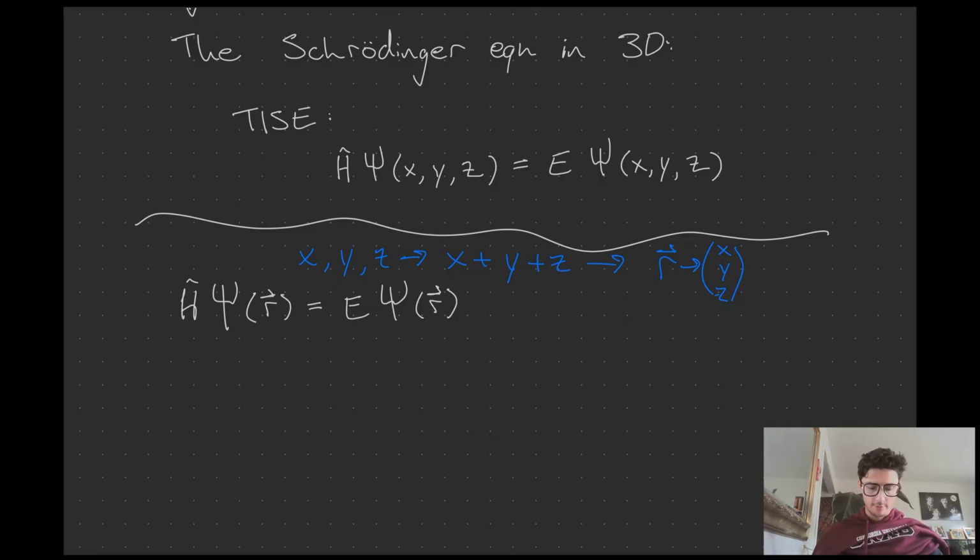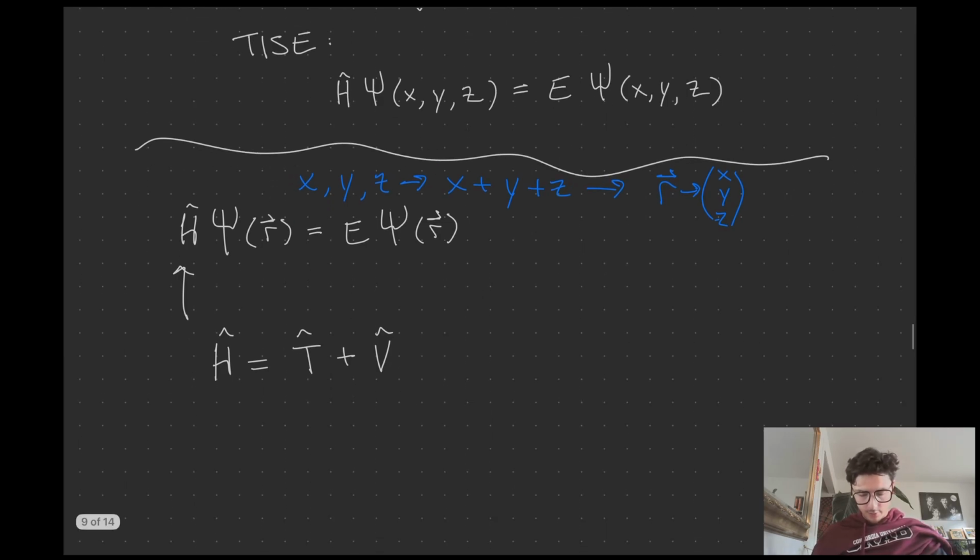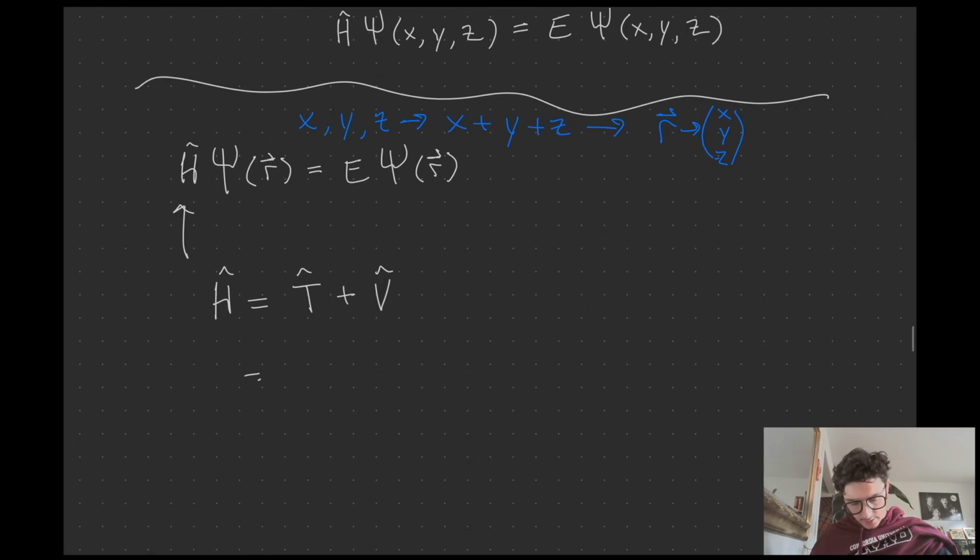All we did was add 3 variables inside the wave function. Great. Now let's expand the Hamiltonian operator. The Hamiltonian operator is created by the kinetic energy operator and the potential energy operator, right? And since we're working with 3 variables, these guys also depend on 3 variables. Let's expand this again.